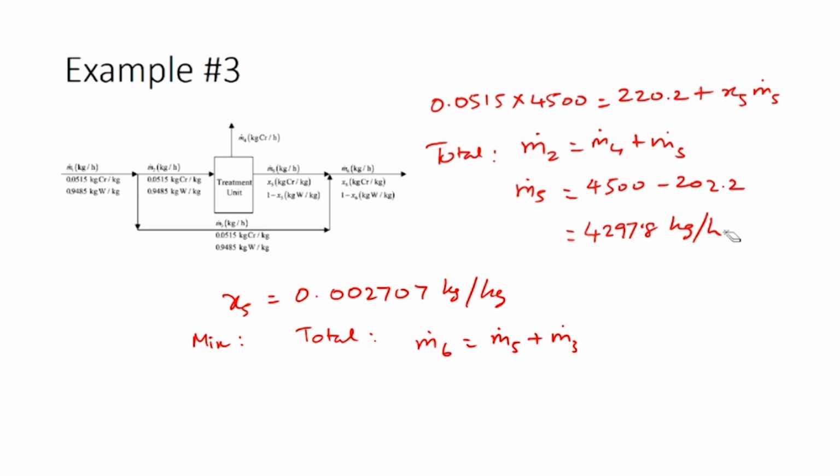We already know that M5 dot is 4279.8 and M3 dot is 1500 kilograms per hour. So, using this we can calculate M6 dot as 5779.8 kilograms per hour.